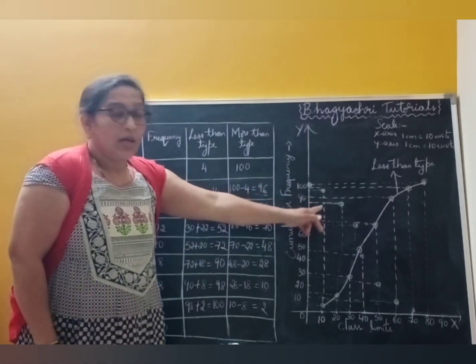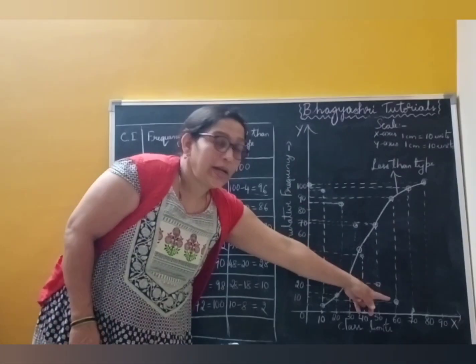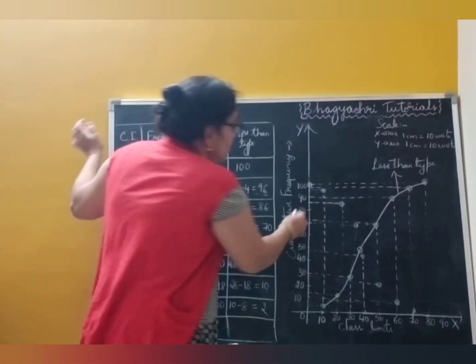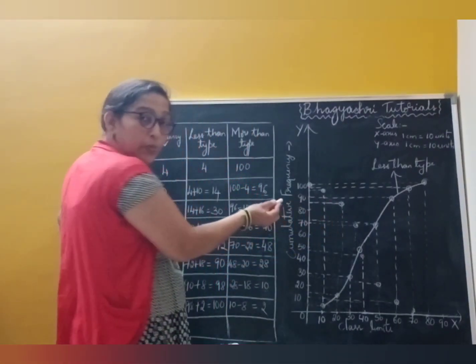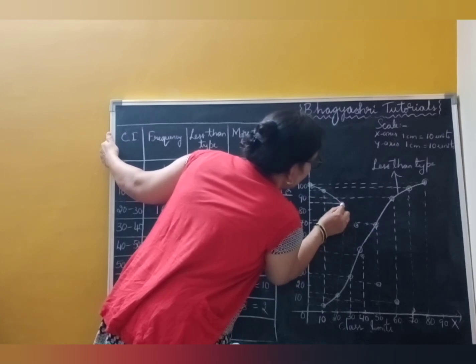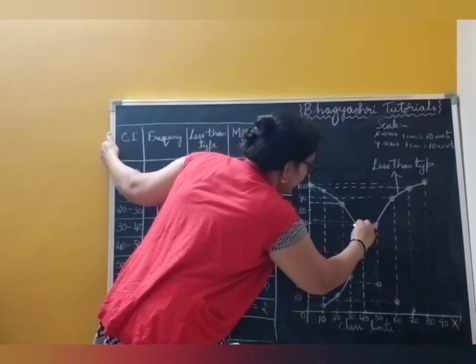Yes, students. Now we have plotted the points to get an ogive for the more than type. So now let us join these points with smooth curves to get the graph. We are not supposed to use the scale to draw the graph.